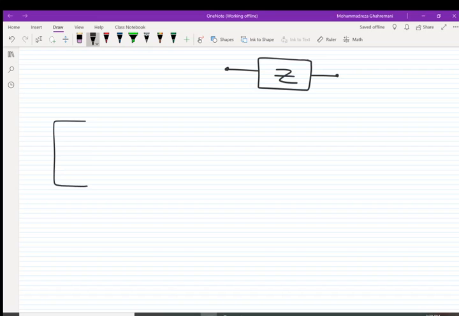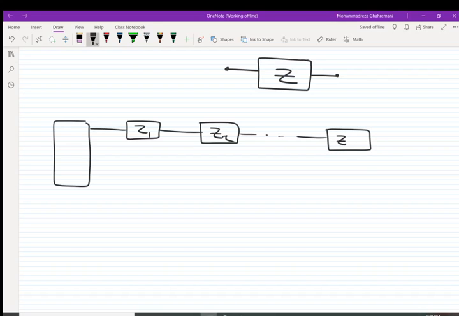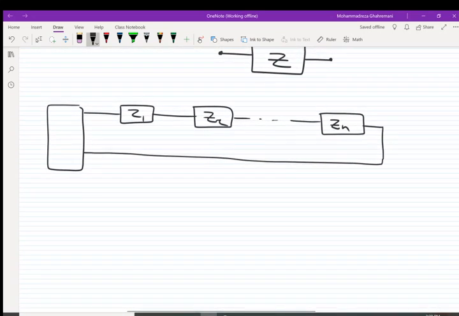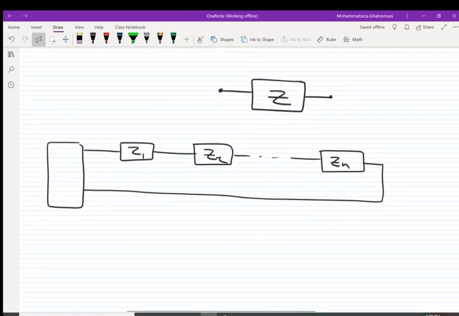Let's find the equivalent impedance. Let's say we have a circuit connected to several impedances or components, Z1, Z2, up to Zn, connected in series.